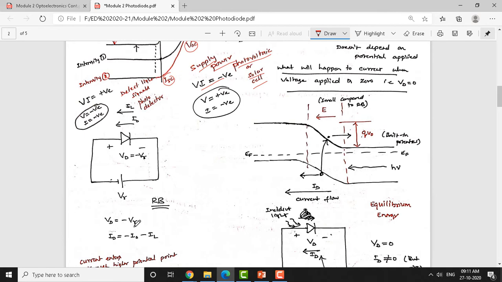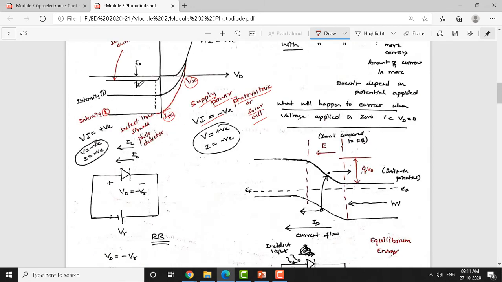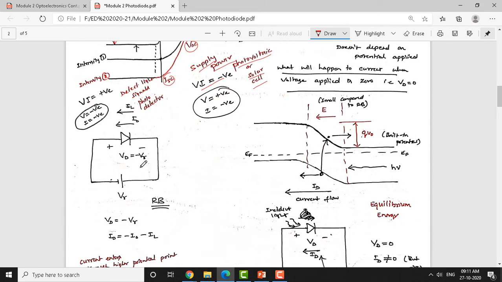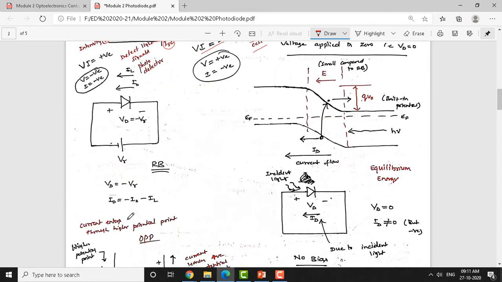So Vd is equal to minus Vr in this case, the voltage across the photodiode. The current here already has the reverse saturation current I naught, and the current due to the photons is called IL. This is a diode current due to the light. Now these two currents get added up. So the total current flowing due to the incident light is ID equals I naught minus IL.